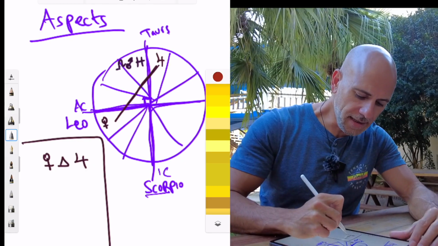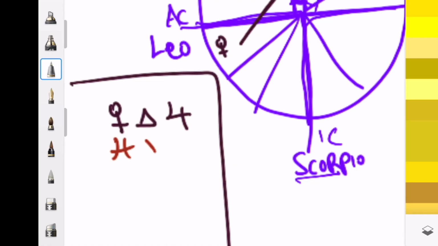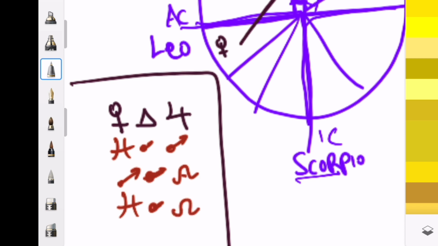We are saying that Uranus is conjunct with Mars, and we also could say that Mars is conjunct with the North Node, and we also can say that Uranus is conjunct the North Node.